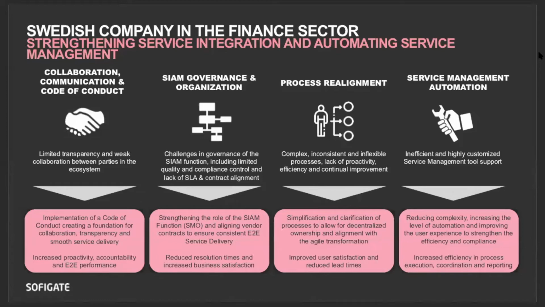And there's also an agile transformation in the development part going on, so we need to make sure that in the operational and the run stage we align to that, so that we can take over the results from the development and handle that in an efficient way.